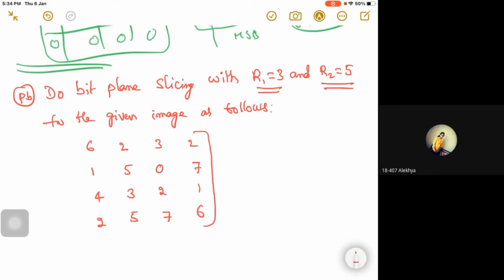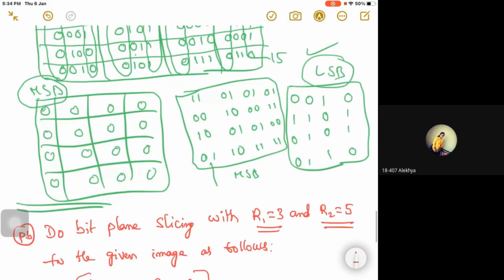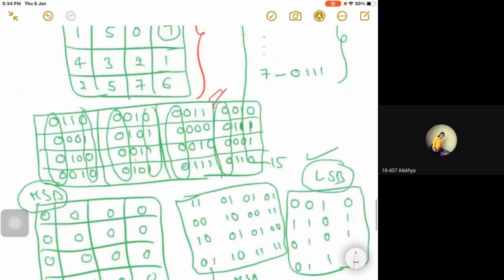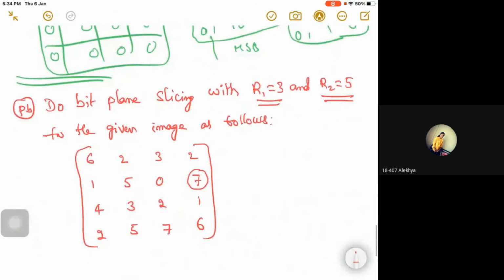So already we have seen how to do the slicing. Just represent each intensity value in binary representation. Instead of taking 4 bits, just observe the maximum value. In the previous example we saw how to represent using 4 bits, but in general, by observing the maximum intensity value in the given image, you select the number of bits accordingly.